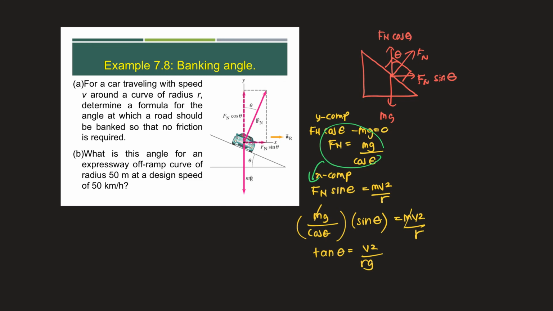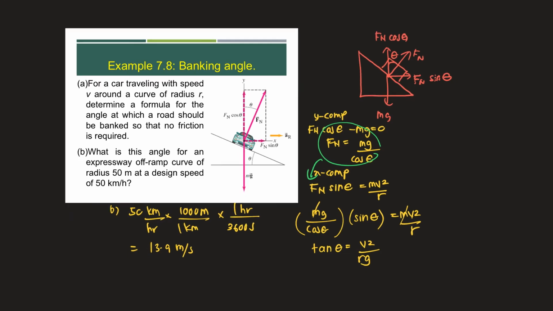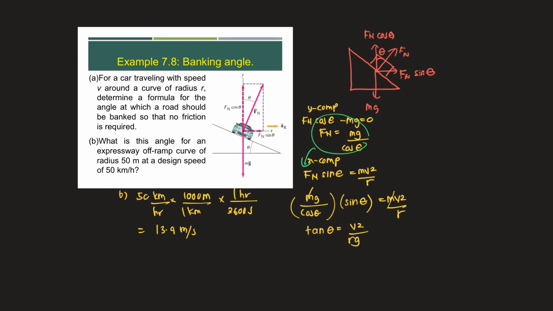So for B, 50 km per hour, so it's going to be 1 kilometer equivalent to 1000 meter, times 1 hour is 3600 seconds. So you are going to get 13.9 meter per second. Okay, so the question asks you to find the angle. Therefore, we are going to use the formula that we derived before, which is this one.